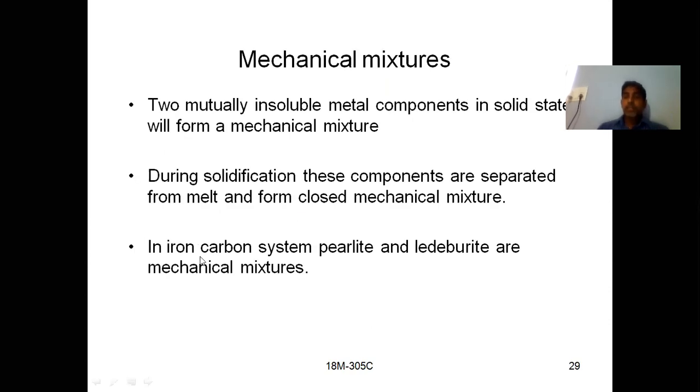See this one, this is how the structure will be for a chemical compound. And mechanical mixture. They are not soluble in each other and they are not chemically reacted. They are together, so we can call it a mixture. Two mutually insoluble metal components in solid state will form a mechanical mixture. So you are having two insoluble metal components, not chemically bonded and not soluble, then you have a mechanical mixture.